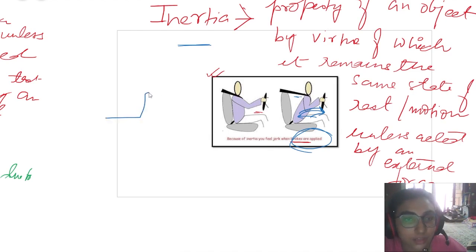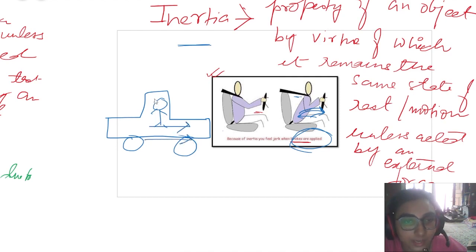The car is moving, and since you are inside the car, you are also moving at the same speed, right? You are sitting and your body is in the same motion as the car because the seats are all attached to the car, right? So both of you have inertia.